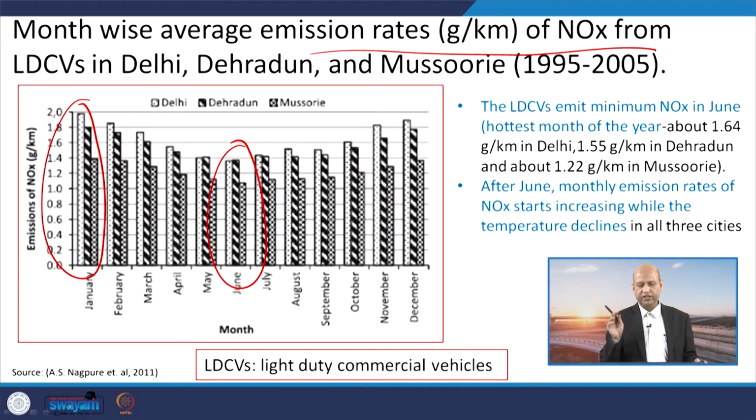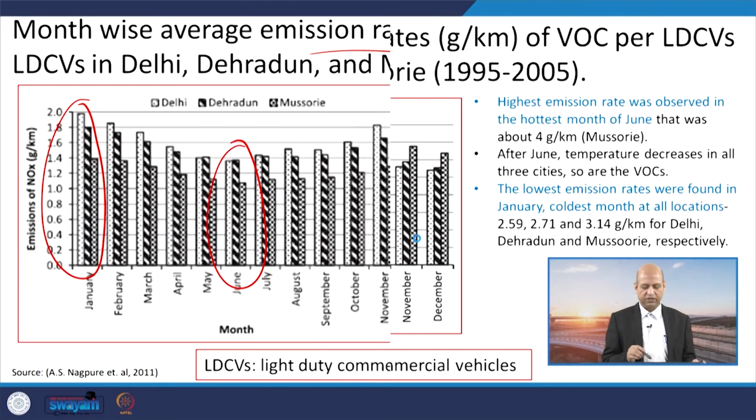So those kinds of variations you can get from pollutant to pollutant. These light duty commercial vehicles emit minimum NOx in June and maximum in January and December. So monthly variations can be there again.